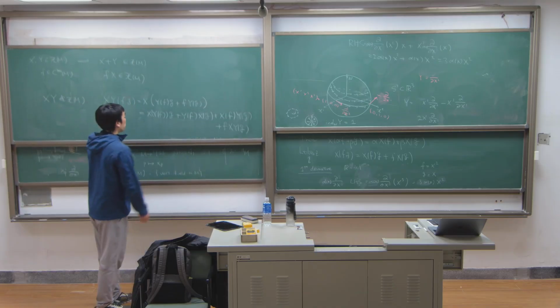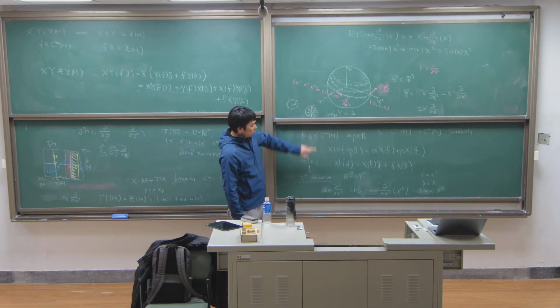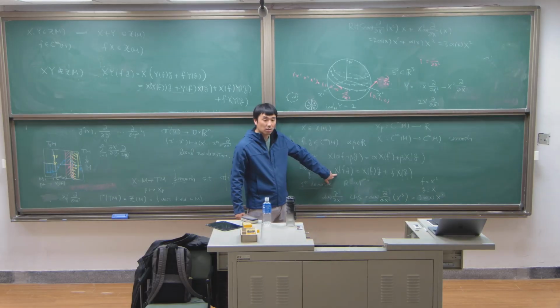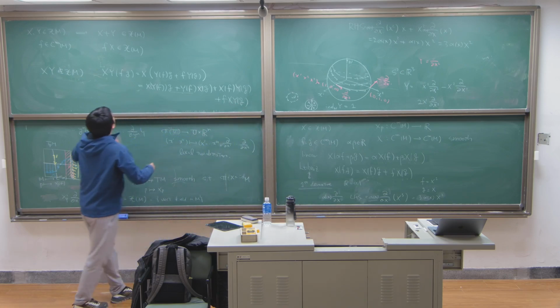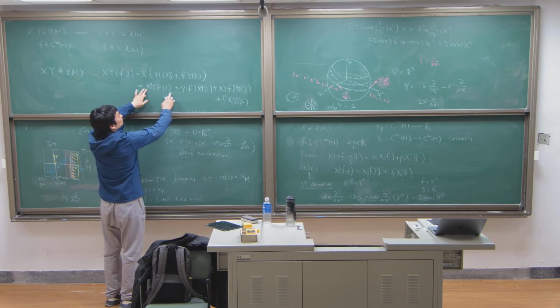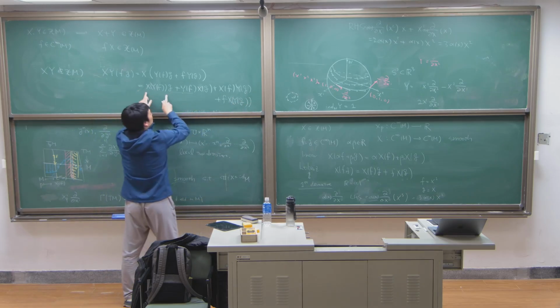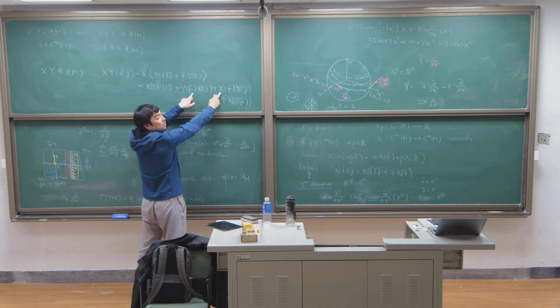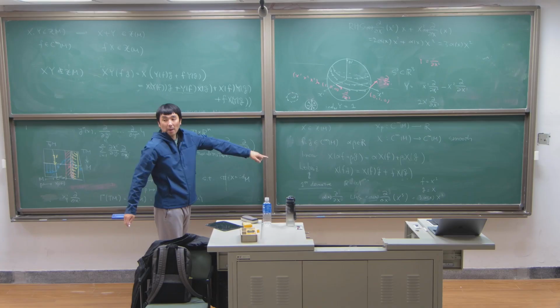So, according to Leibniz rule, it should satisfy this rule. Okay. However, this does not satisfy the Leibniz rule. xy acting on fg should be this times this plus this. You don't need these terms. So these are extra terms that don't satisfy it. That violates the Leibniz rule.